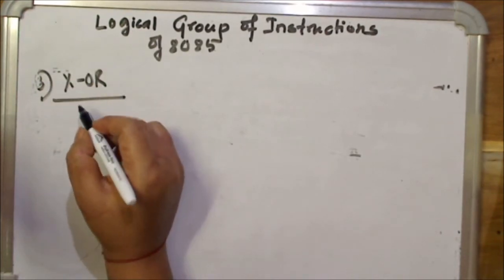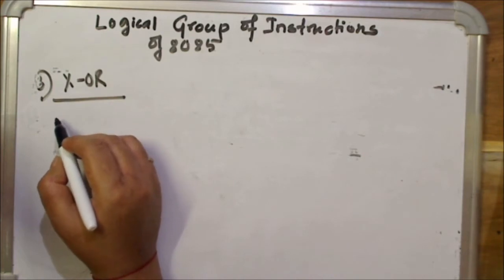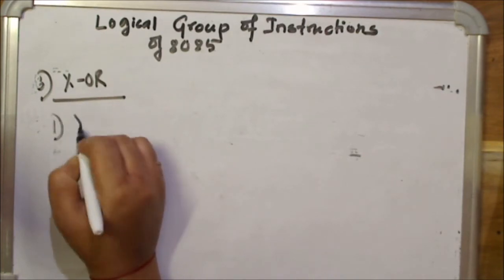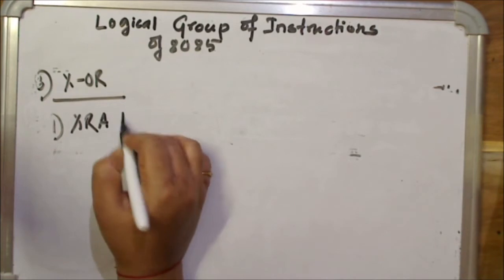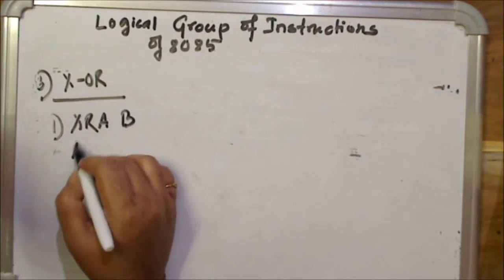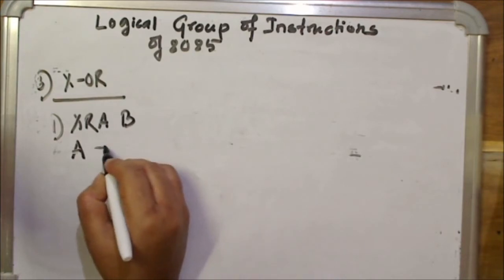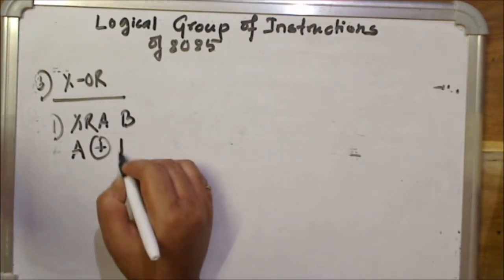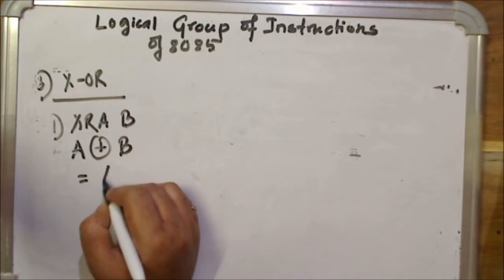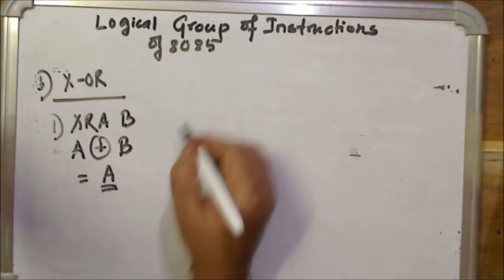Next, the instructions that deal with XOR. What are the instructions that deal with XOR? Same. XRA B, that is the contents of accumulator will be XORed with the contents of register B, and the result will be stored in accumulator.